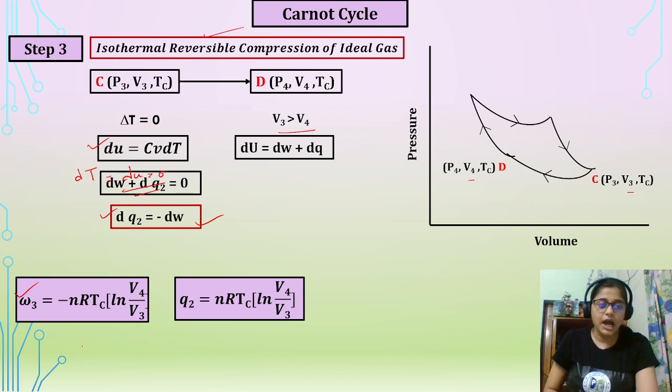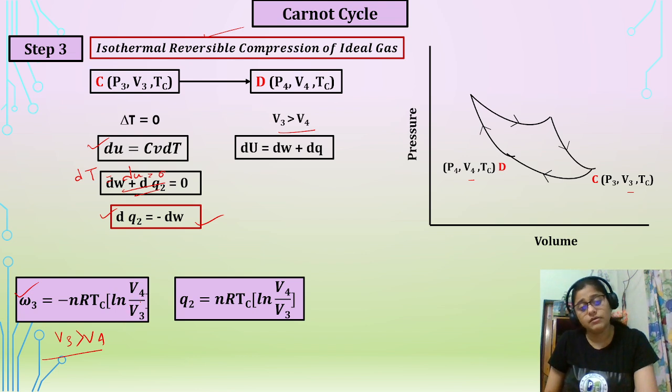Now the changes, we have to know the sign. We know that V3 is greater than V4, so the upper term is lower than V3. So it will be ln of less than 1, V4 by V3, and ln of a value less than 1 will be negative.